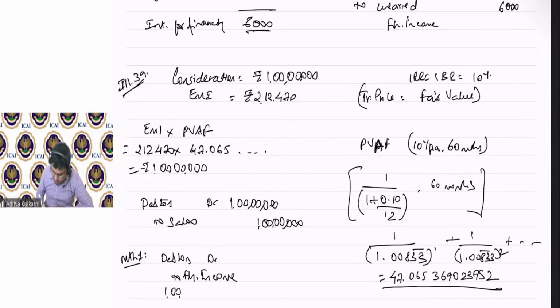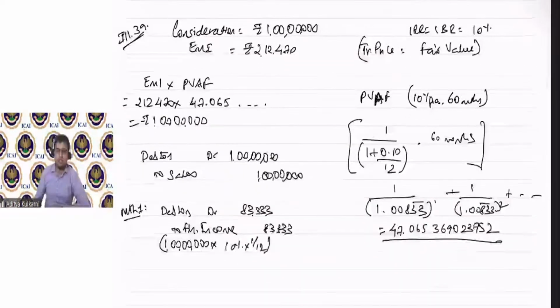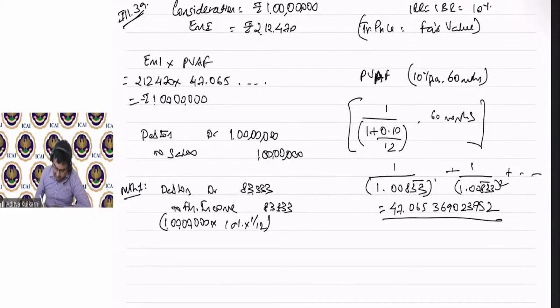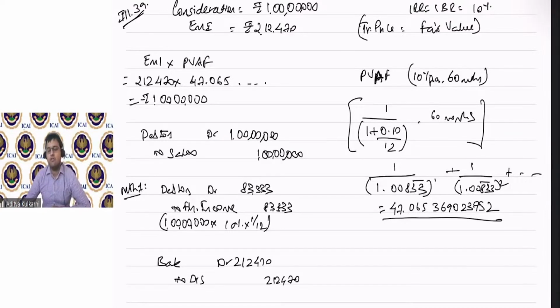This will be 1 crore into 10% into 1 by 12, so this will be 83,333. And then you will be having debtors paying the money, so bank account debit to debtors, 2,12,470. And this cycle will continue for a period of 60 months, at the end of which the debtors will become 0.